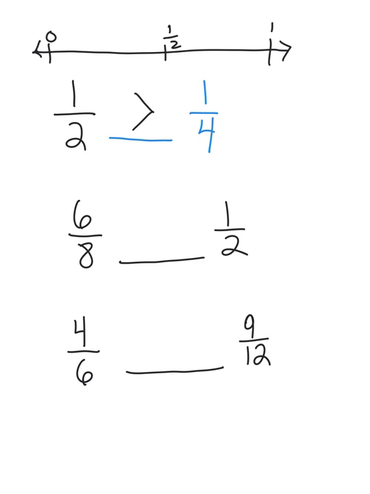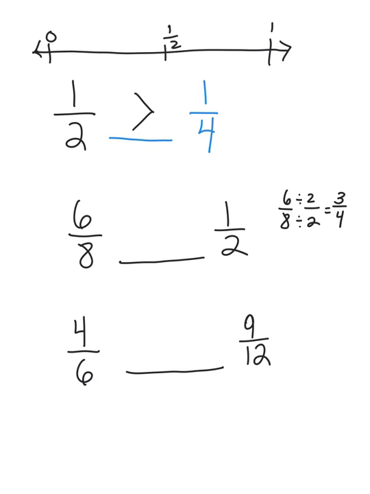And then continue on to 6/8 is greater than, less than, or equal to 1/2. Now if we look at 6/8, we could use the greatest common factor, which would be 2, to help simplify this or find an equivalent fraction, and this would become 3/4. 3/4 is definitely bigger than a half because it's closer to being a whole.